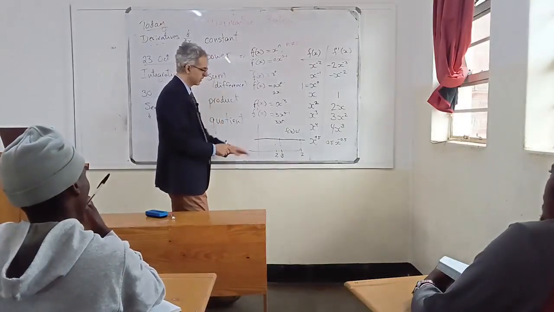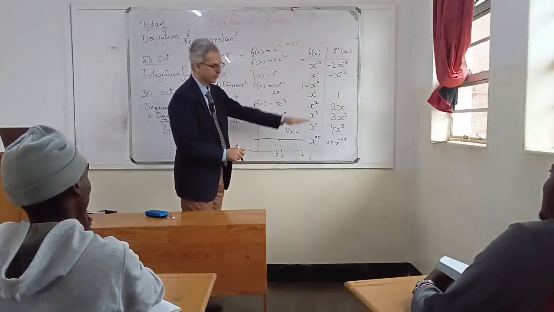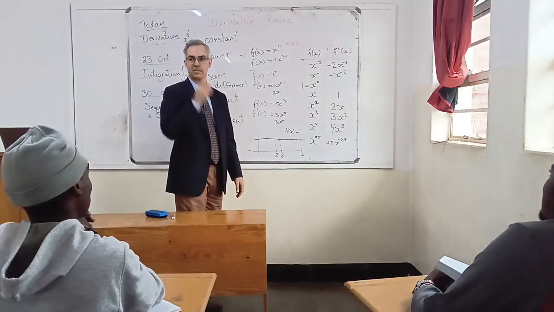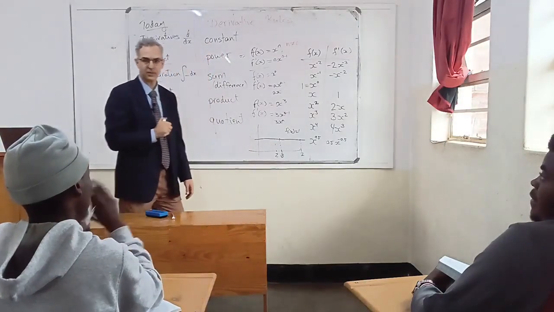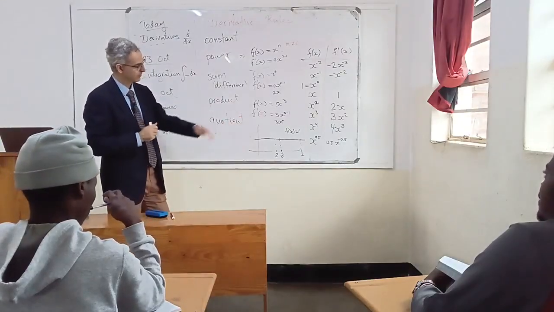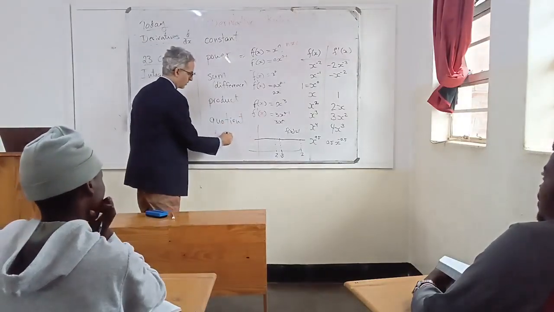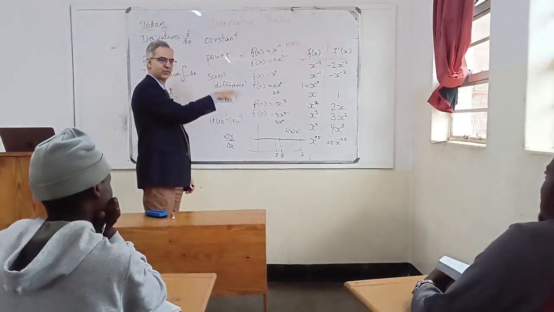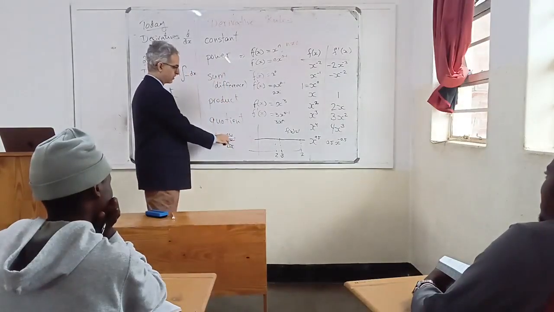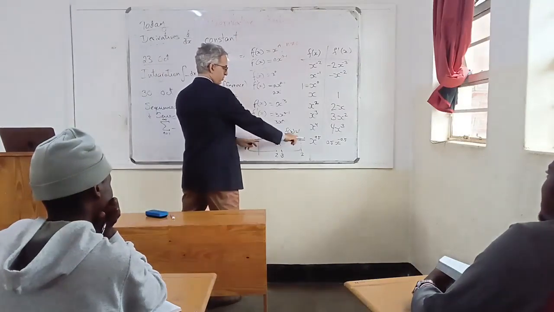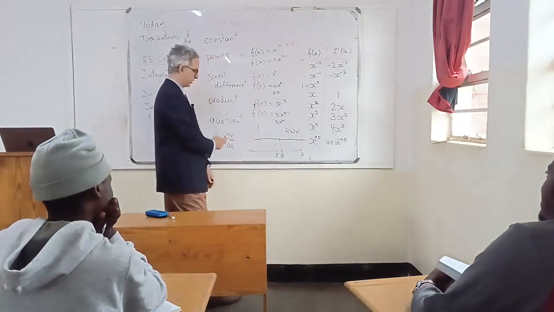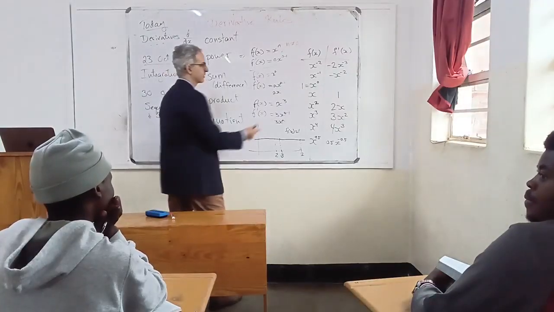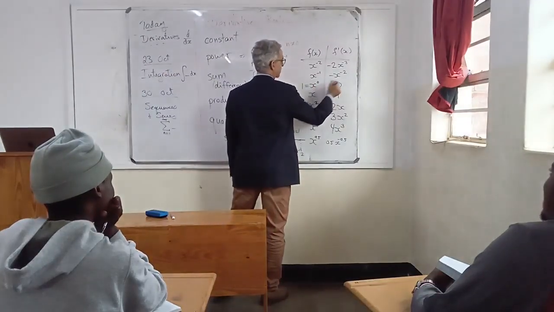Now if it's a flat line, what is the slope of a flat line? The delta y over delta x is 0. Why? It's never going up or down. No matter what delta x you choose, there will be no change in y. Delta y will always be 0. So here, the derivative is 0.